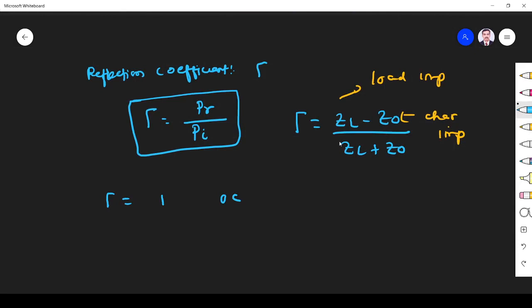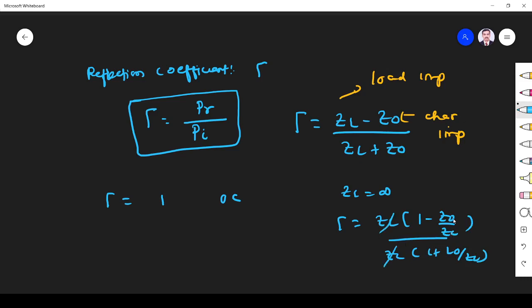Open circuit means the load has infinite impedance, so ZL is equal to infinity. Gamma, taking ZL outside, is 1 minus Z0 by ZL divided by 1 plus Z0 by ZL. ZL is infinity, so Z0 by infinity is 0, and gamma is 1.